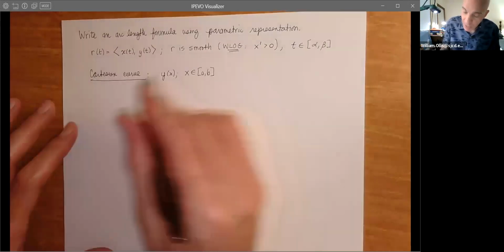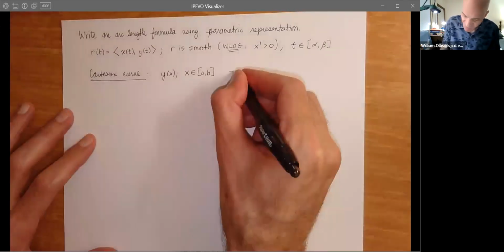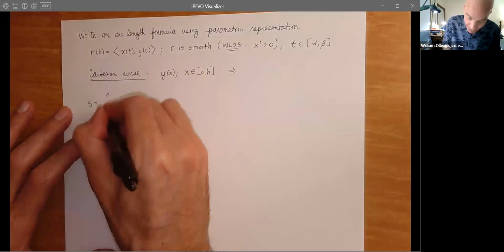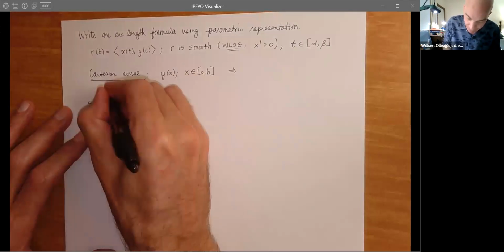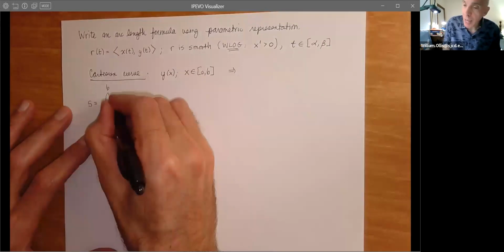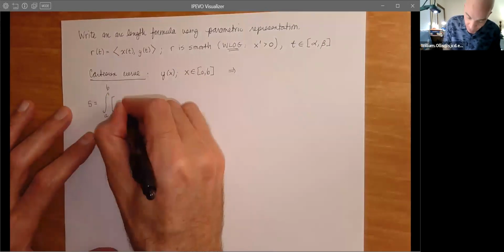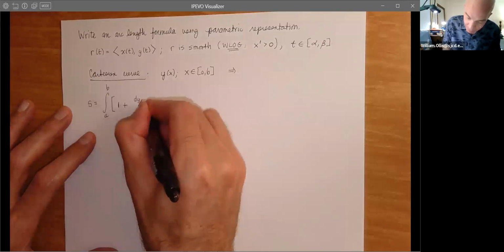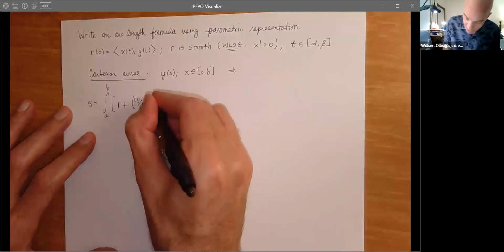So now we can say, this will imply that we have S equals the integral from a to b, and I'm going to use the 1/2 power. So this will be 1 plus dy dx squared. I'll write it this way, so the Cartesian comes out.